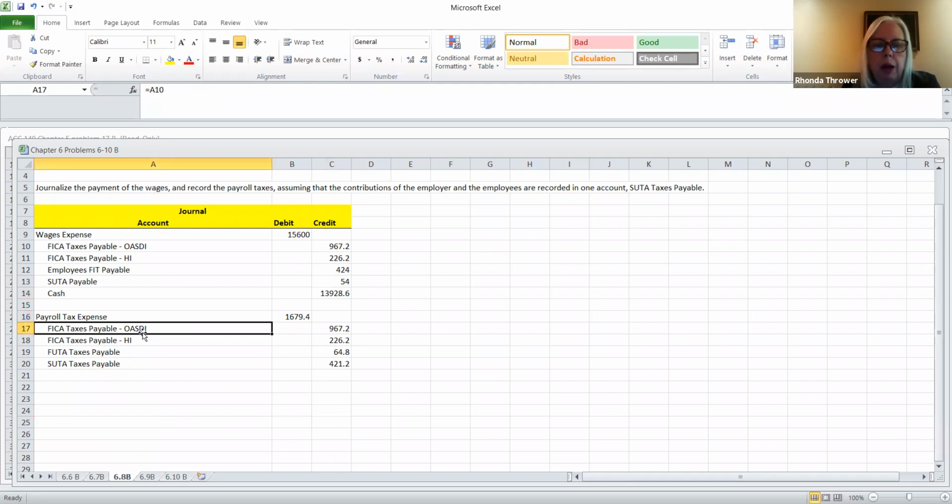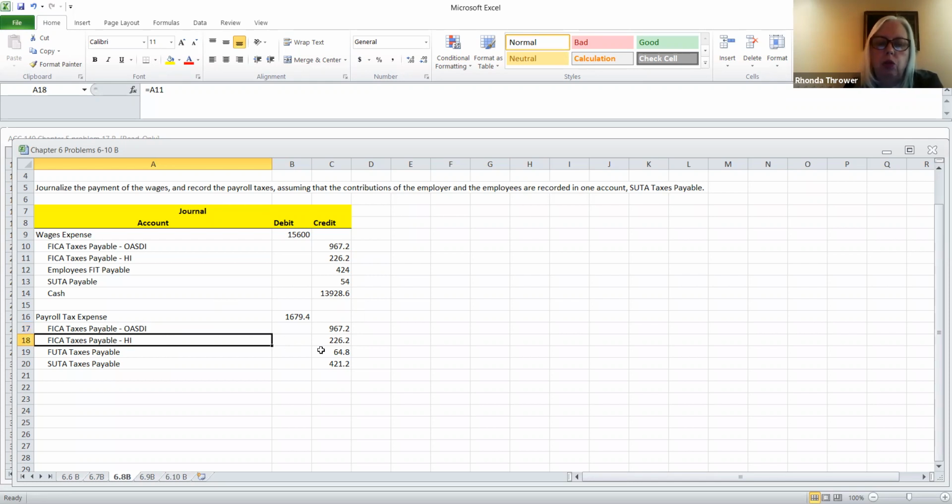I'm going to start by matching my FICA taxes payable for OASDI with what I recorded here. So $967.20 is credited to the FICA taxes payable because the employer has to match what the employee puts in for OASDI.